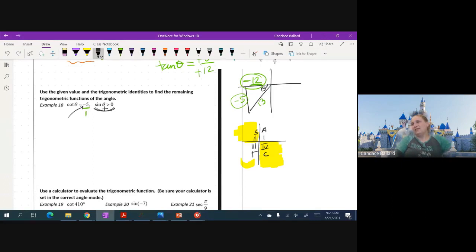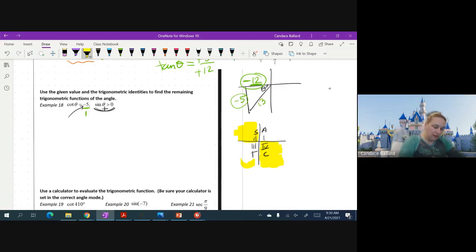Remember, we're looking for the sine to be positive. All right, we're changing our minds a little bit. That's good. It's okay. All right, so the sine is positive here. So we know we have to be in quadrant 2.